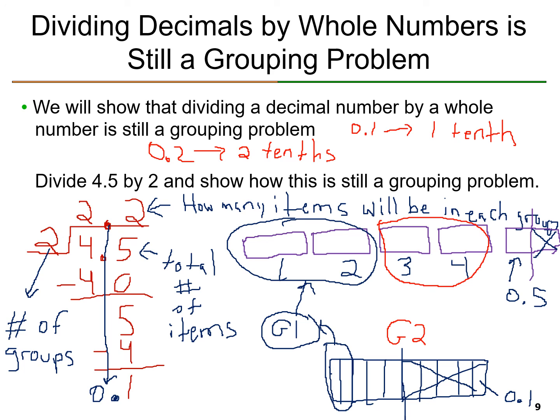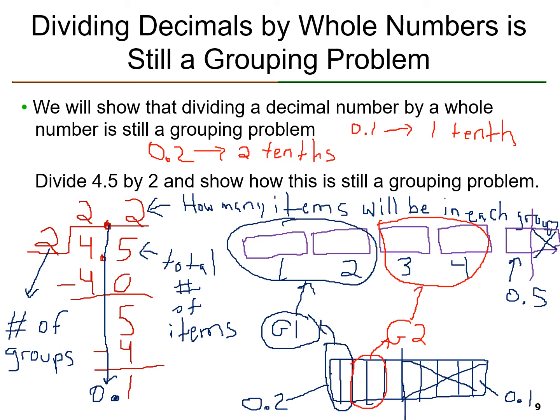Each is 1/10, so that's a total of 2 tenths, or 2 out of 10 parts. Now we do the same thing with group 2. Group 2 is going to get 2 of these pieces, and each piece again is 1/10. So group 2 gets 2 tenths.